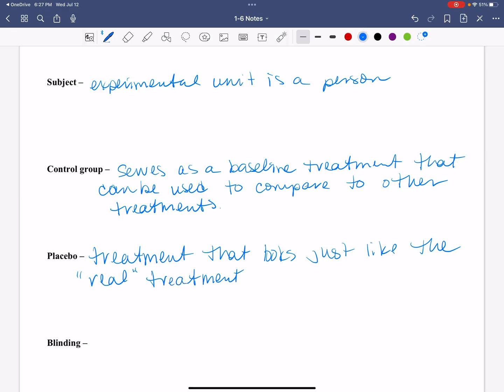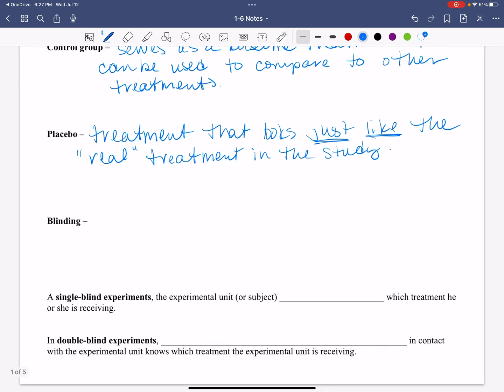So it looks just like it. It tastes like it. It smells like it. It has the physical characteristics, so there's no telling the difference. So a medication that looks, tastes, smells exactly like it, but it doesn't have the medicinal quality or the active ingredient. That's a placebo. It's a fake out. It's the fake and not the real.